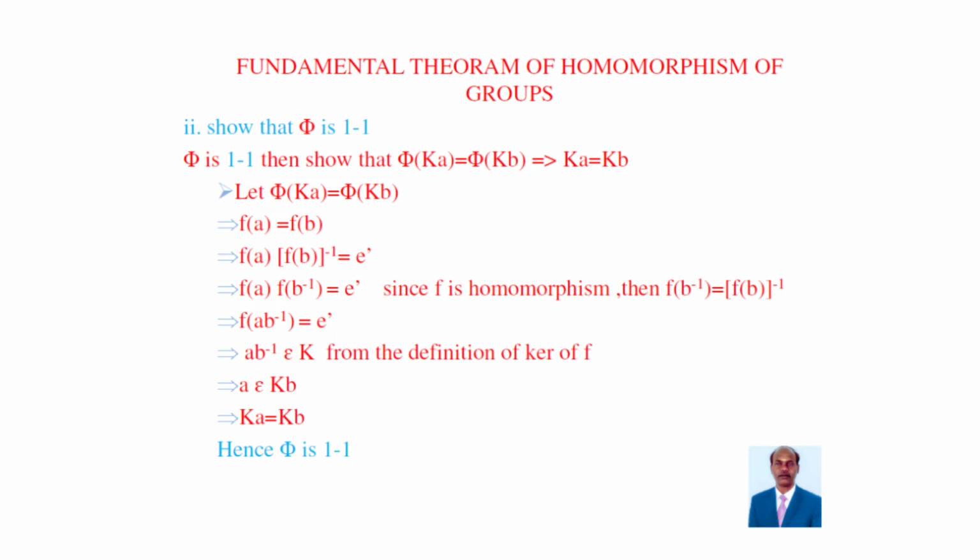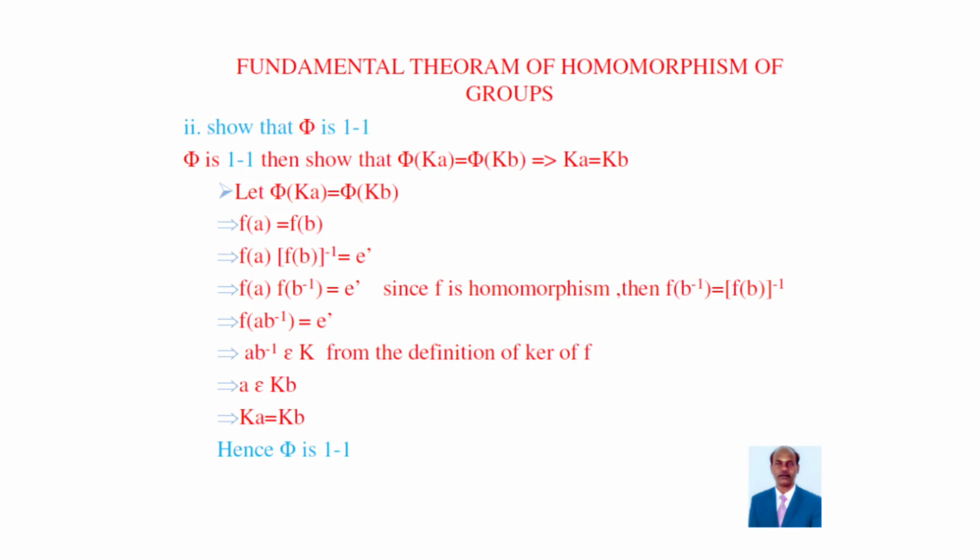Since f is a homomorphism, f of b inverse equal to f of b whole inverse, so instead of f of b whole inverse we can write f of b inverse. Both are the same. Now f is a homomorphism, so we can write f of a into f of b inverse equal to f of ab inverse.